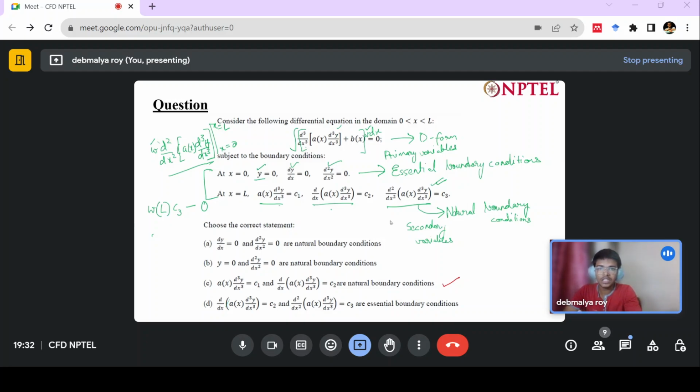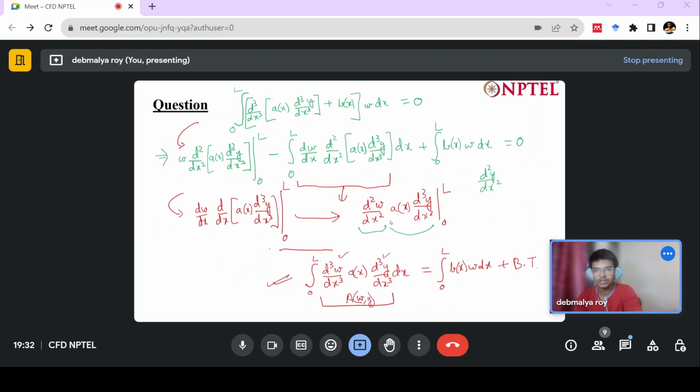So you will have three different boundary terms from each iteration of by parts that you are doing, and that's why till d2y dx2 this is an essential boundary condition, and for higher order, till the fifth order term, it will be a natural boundary. Okay. Is there any other question?